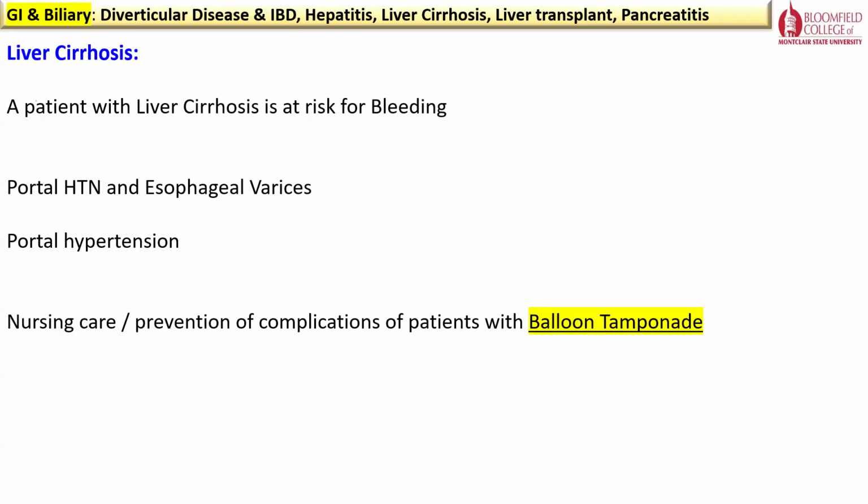But the esophageal, the long one, is against the esophagus, and it can result in esophageal necrosis. So this esophageal balloon should be deflated every 8 to 12 hours to prevent the risk for necrosis.